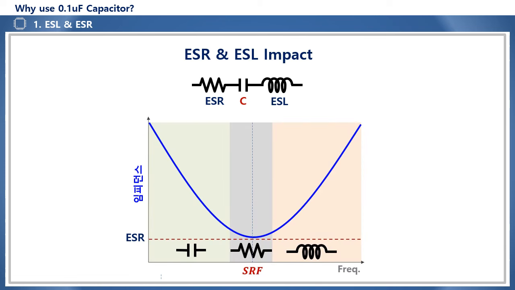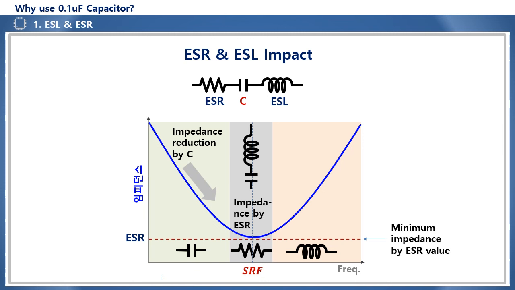Looking at the change in impedance according to frequency due to ESR or ESL of MLCC. In the low frequency range, it acts as a normal capacitor with the impedance decreasing as the frequency increases. But as the frequency increases, at a certain frequency, the original capacitance C and the parasitic inductance ESL are in a series structure, causing series resonance and a short circuit, so only the parasitic resistance component, ESR, acts as impedance.